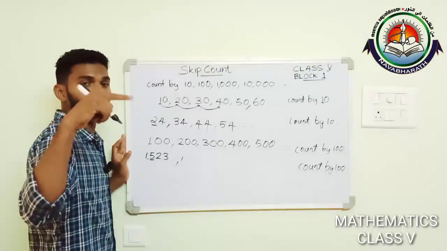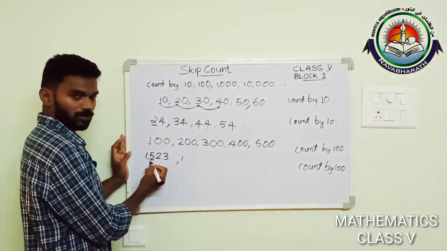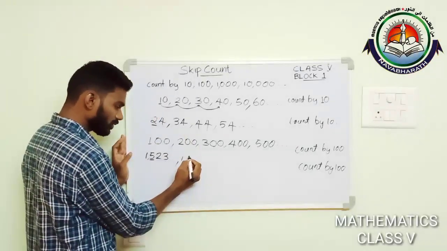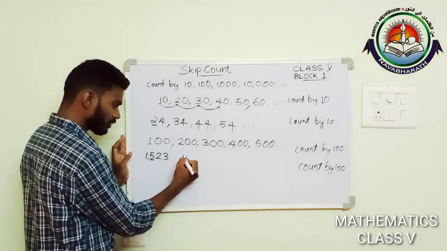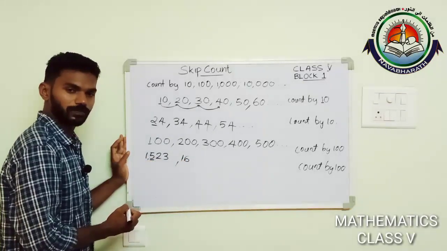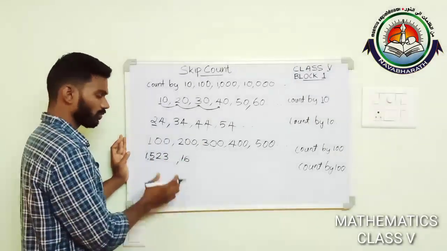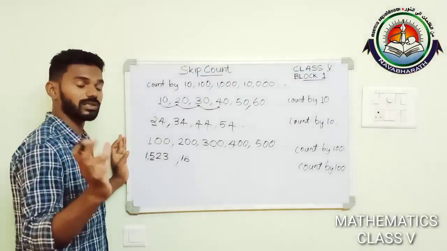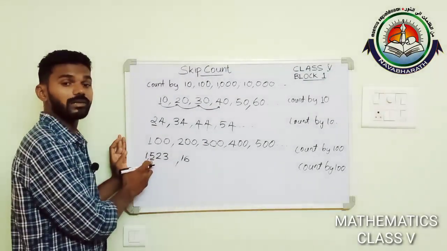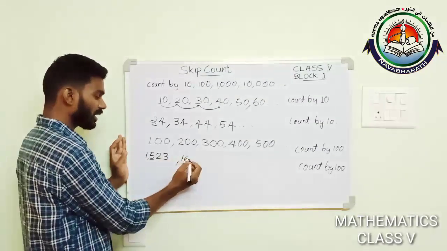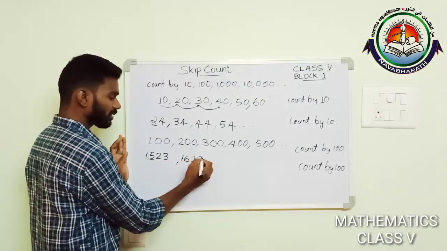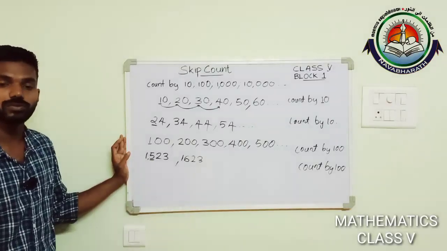So what would be the next number? 5 increased by 1 gives 6. So 1, 6. There is no change for the other numbers too. Only you have to change the number at the hundreds place. So what would be next? 2, 3. 1, 6, 2, 3.